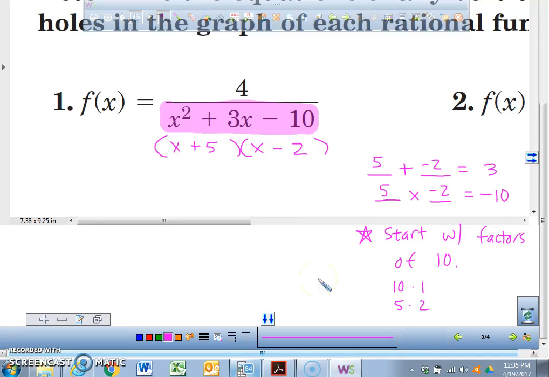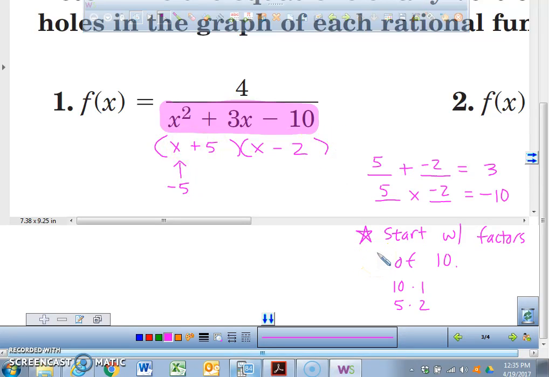Now, in the world, there is a number that denominators do not like. You can never, ever divide anything into nothing. What number is the only number you're not allowed to have in the denominator? 0. Which means, right here, if I were to be evil and plug in a negative 5 right there, what would happen to this whole denominator?